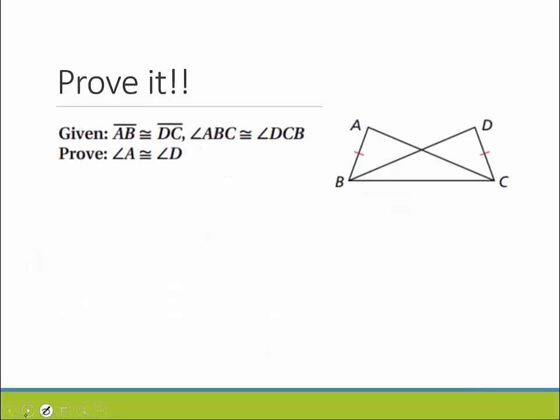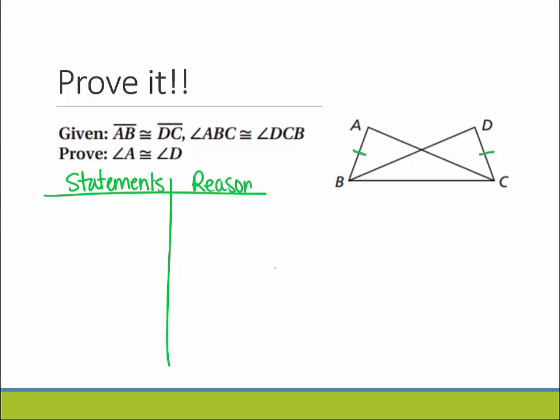So let's do another proof. Given that AB is congruent to DC, so this distance and this distance are congruent, we got our statements, our reasons, and then they also tell us that angle ABC, so this angle here, is congruent to angle DCB, so this angle here.